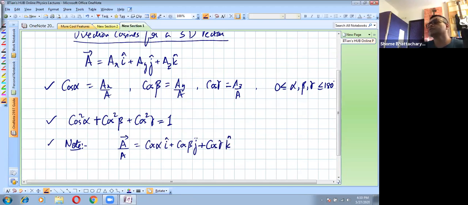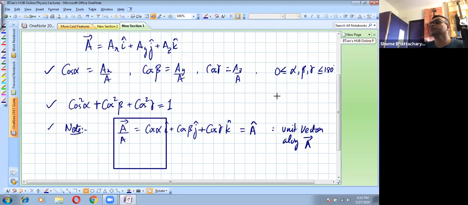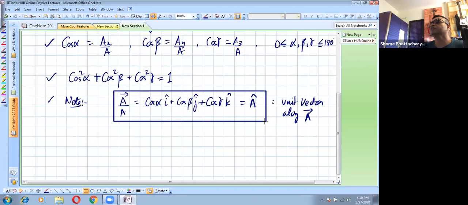We get this by just using these equations, which is basically what we call e cap, the unit vector along the vector e. So this is an additional little concept: given any vector, we can define its unit vector.